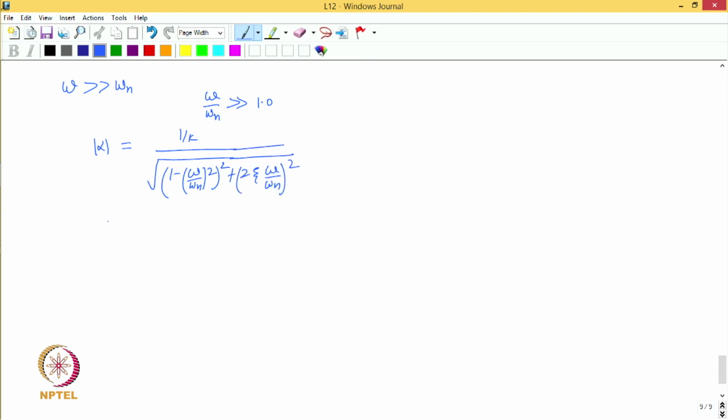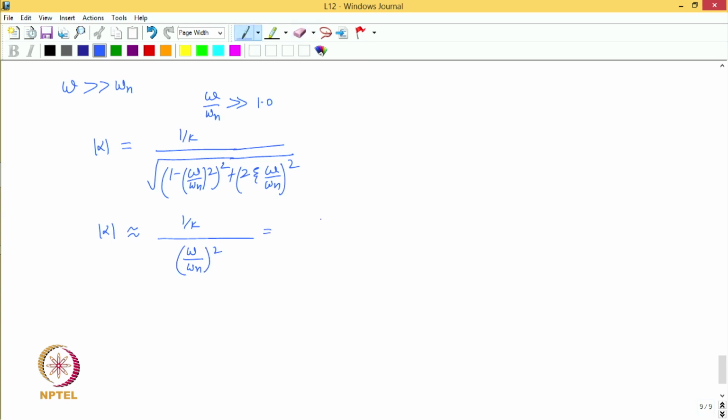If we take the limit when omega upon omega n becomes very large, the magnitude can be approximated as 1 by k in the numerator, and in the denominator the term omega upon omega n square dominates the rest of the terms, so we approximate the denominator as omega upon omega n square.